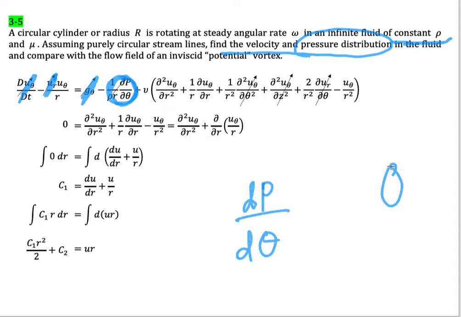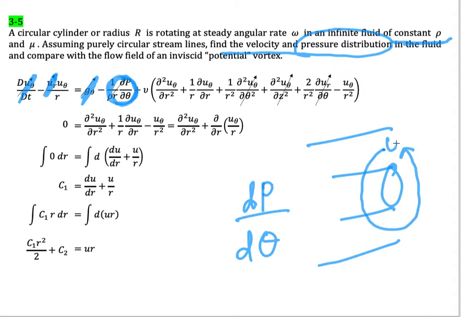So it means that if we have a circular path here, we need to find the pressure at theta, meaning the angle on this path. So this is theta. The pressure on this one will remain constant because it has the same velocity.